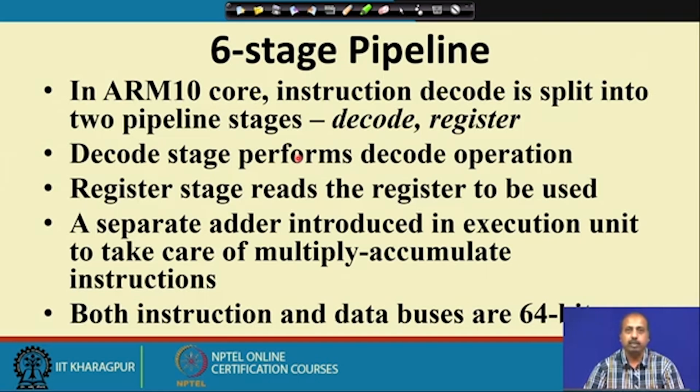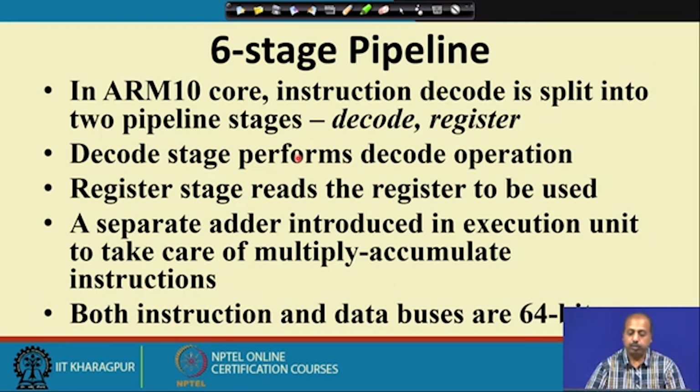Previously the instruction decode was done in one stage, doing both decode and register read together. Now, it is divided into 2 stages. So, you have got decode and register read put separately into 2 stages. So, you get a 6 stage pipeline.